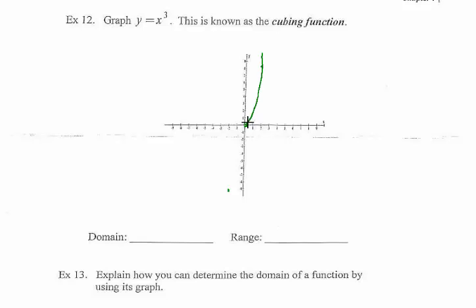So it cuts through the origin and then it shoots over here and drops off real quick. So this is a picture of a typical cubing function, y equals x cubed. Keep in mind that this could be shifted to the left, to the right, up or down, and it could also be flipped upside down. You could get a cubing function that looks like this.